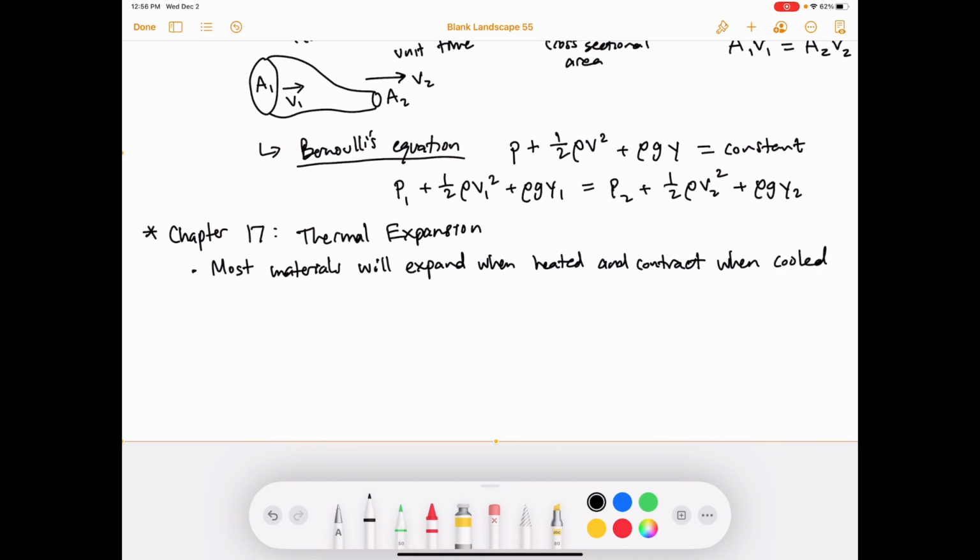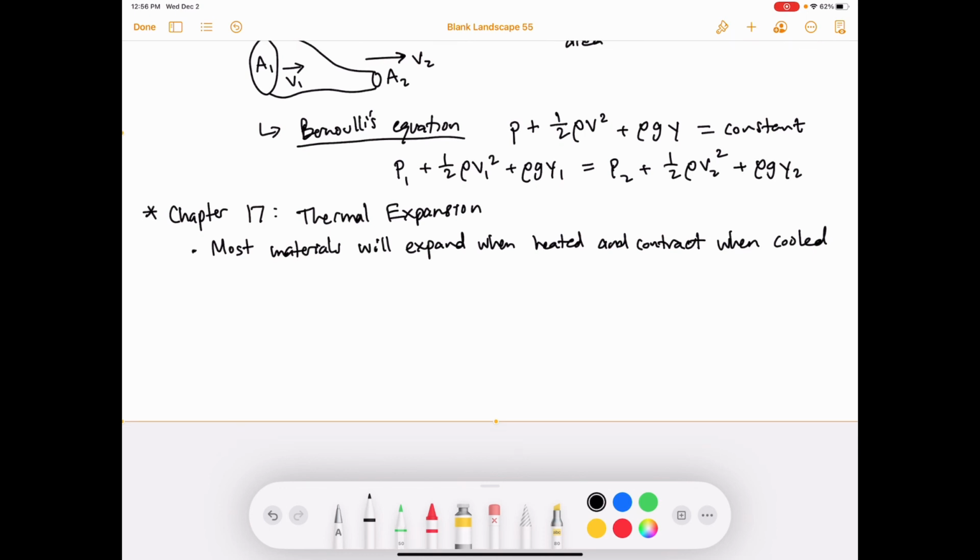Okay, that's the concept of thermal expansion. Now, there are sort of three different ways to look at this. We have linear expansion, area expansion, and volume expansion.